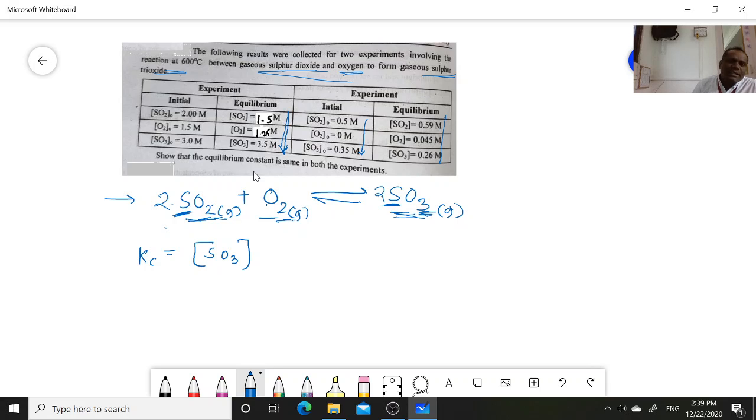Therefore, concentration of SO3 raised to power 2, since the multiplication factor is 2, divided by the concentration of SO2 raised to the power 2, and next, oxygen O2, only a single power.